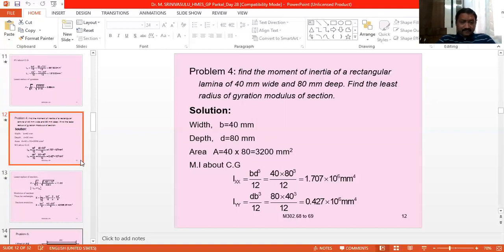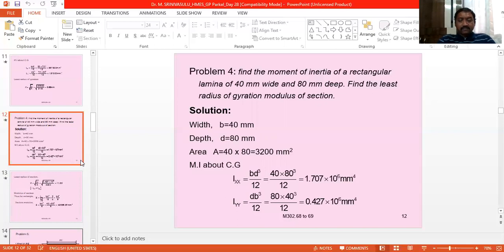Coming to the solution part, the width B is equal to 40 millimeters and the depth of the lamina D is equal to 80 millimeters. Area A is equal to 40 into 80, which is equal to 3200 square millimeters.